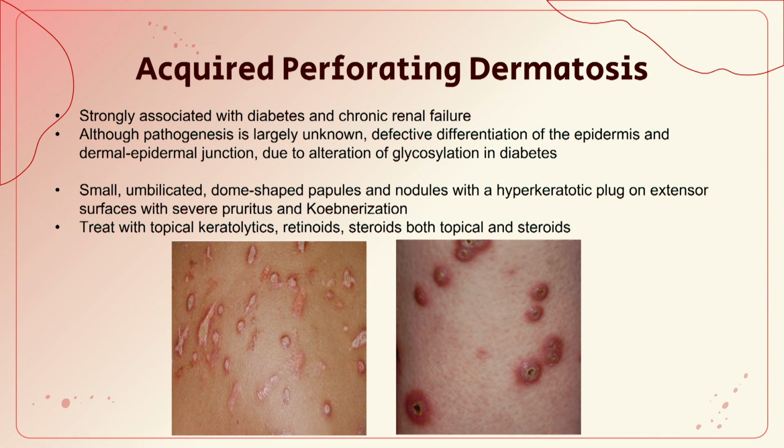The patient may say that the minute I hurt my elbow or my skin surface against another object, I start getting these lesions all over. The pathogenesis is unknown, but defective differentiation of the epidermis and dermal-epidermal junction due to alteration of glycosylation and diabetes are known factors. It is associated with diabetes and even chronic renal failure.